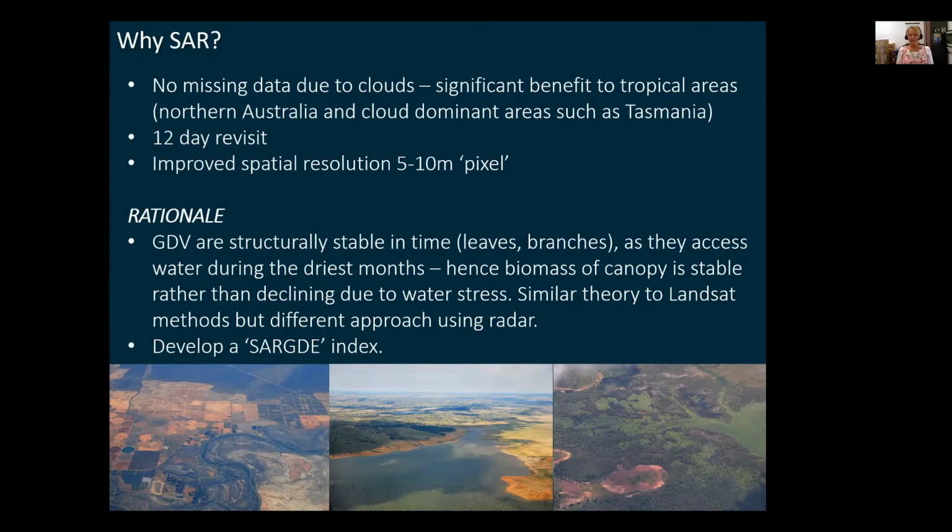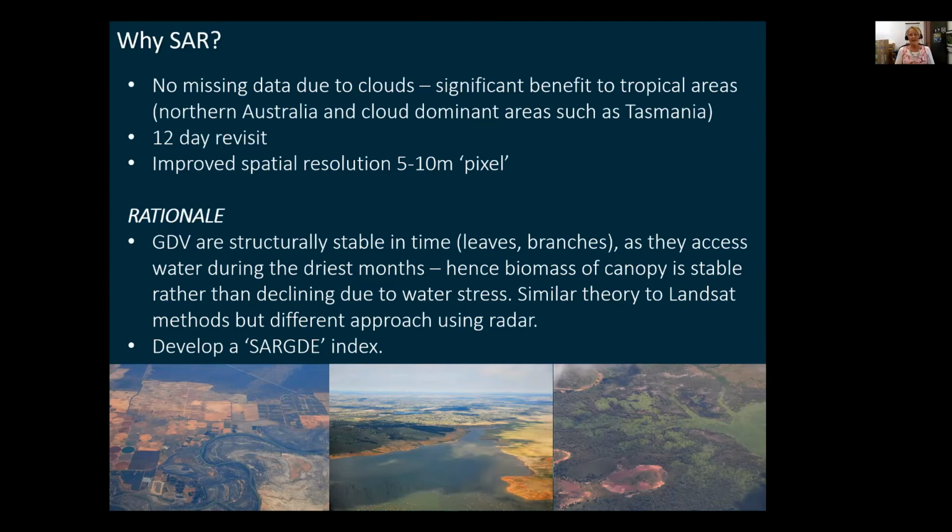Well, GDEs are structurally stable in time, so the leaves and the branches, because they're accessing water through the driest months. Hence, the biomass of the canopy is stable rather than declining due to water stress.